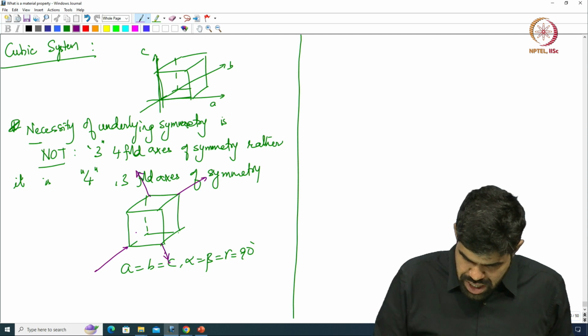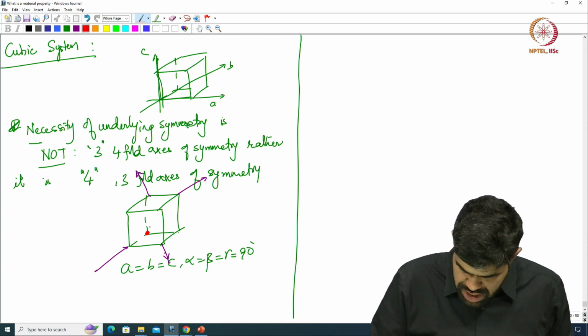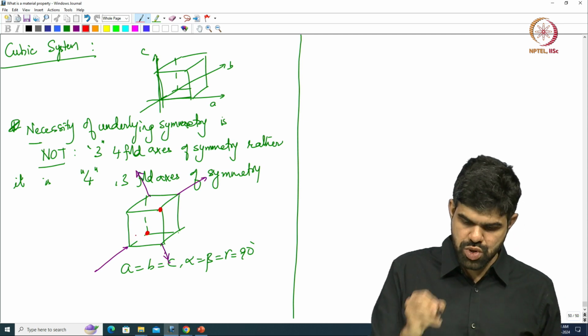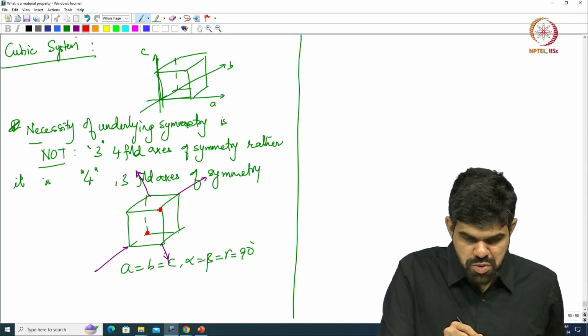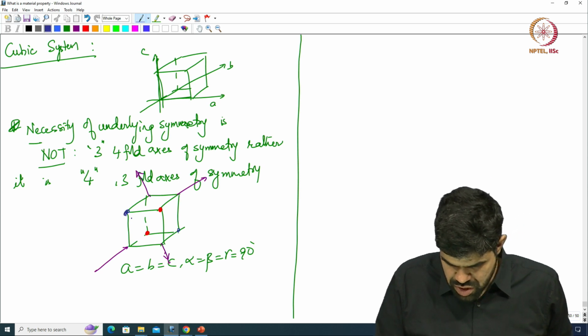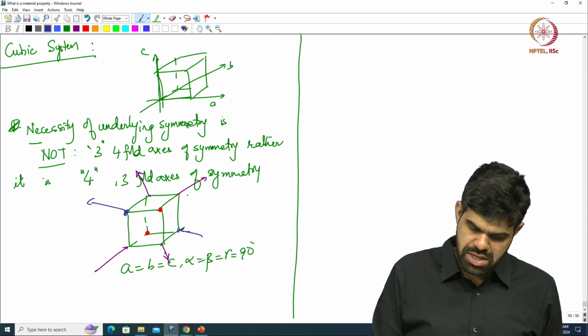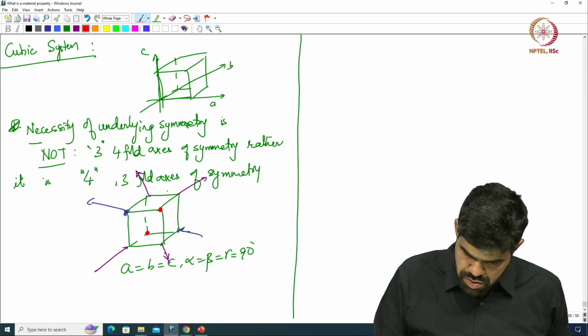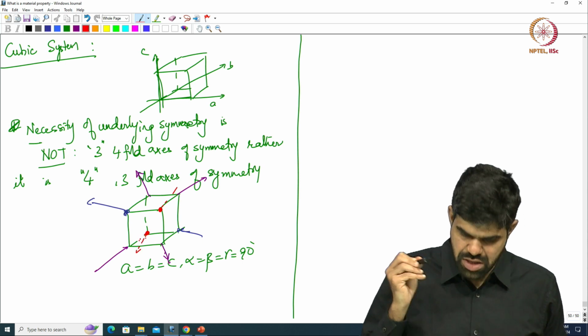Then the third body diagonal is between these two ends, which I am going to point out in red. Those two red corners, if I join them, will be the third body diagonal. The fourth body diagonal I am going to point out in blue.